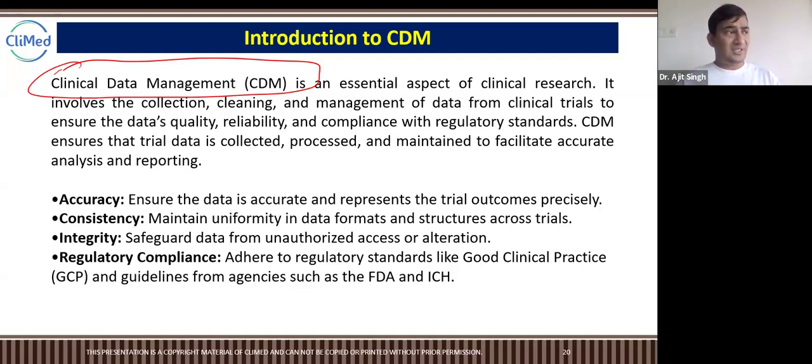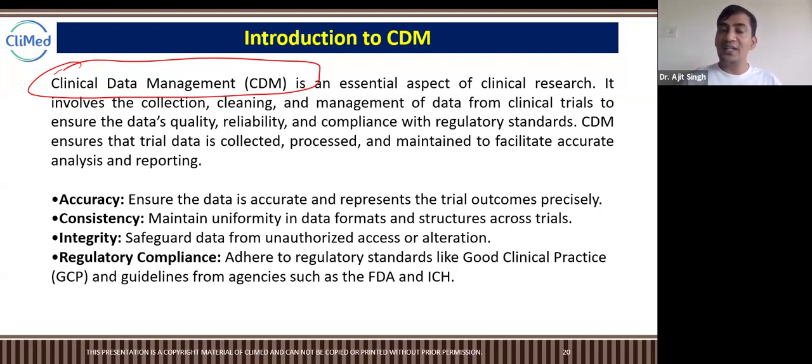So data is not just that you get the Excel sheet, you clean it, file it, and do the analysis. No, no. See, CDM means when the research topic comes into existence, from that time the CDM team will be involved in what kind of data will be collected, right?